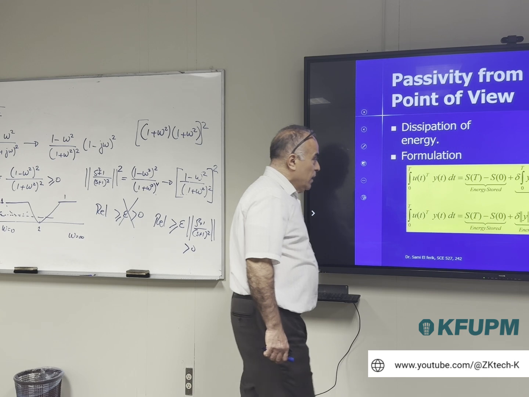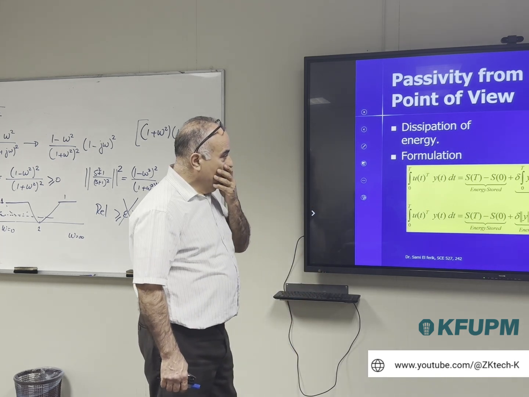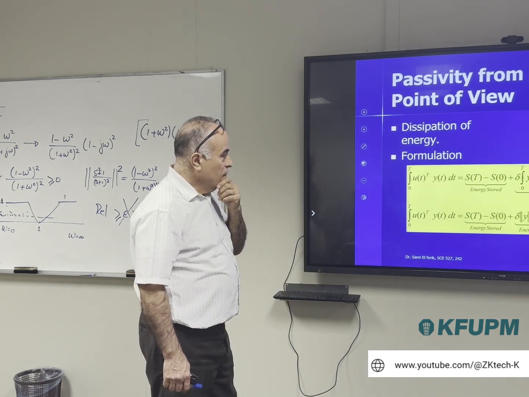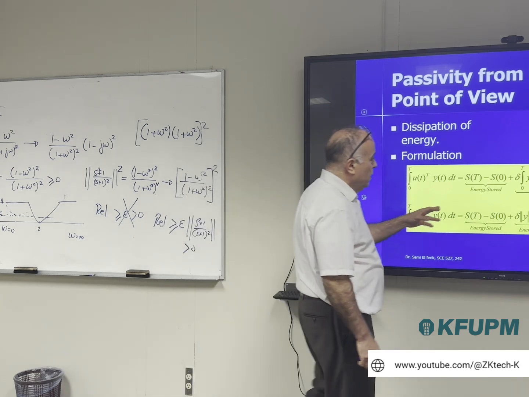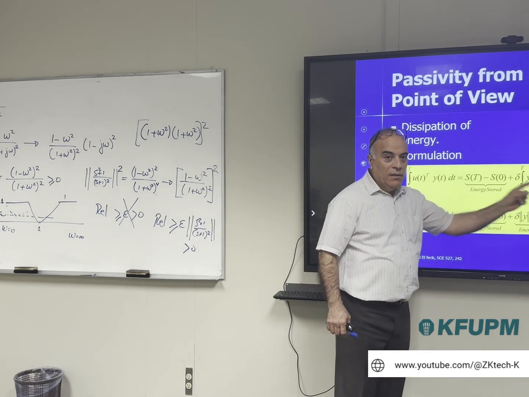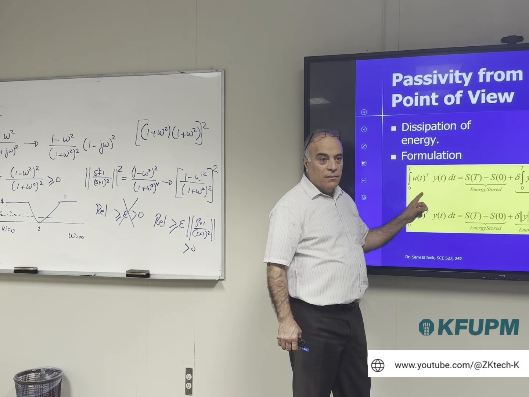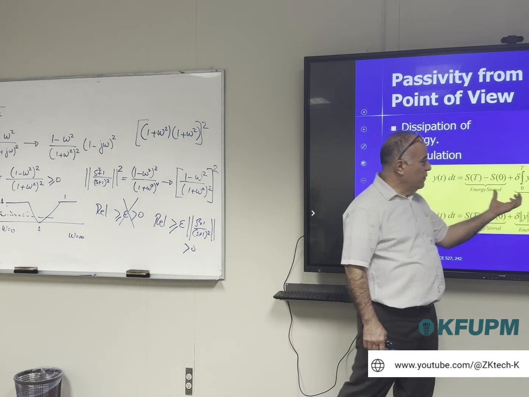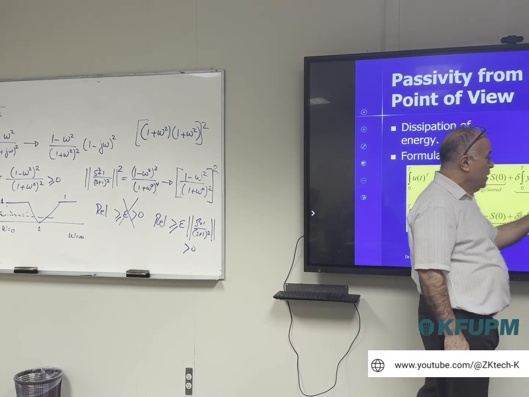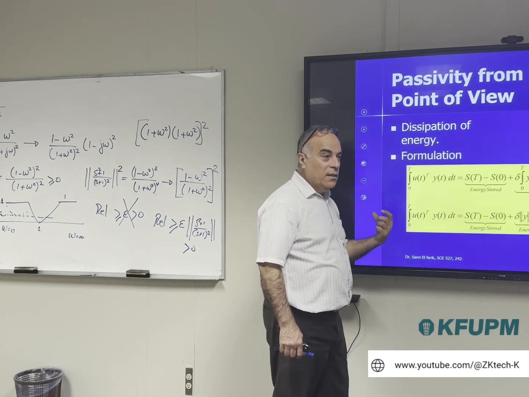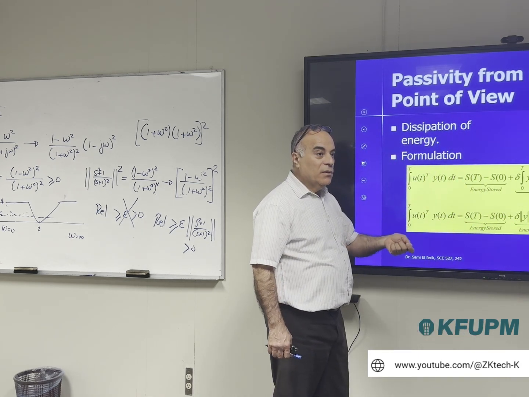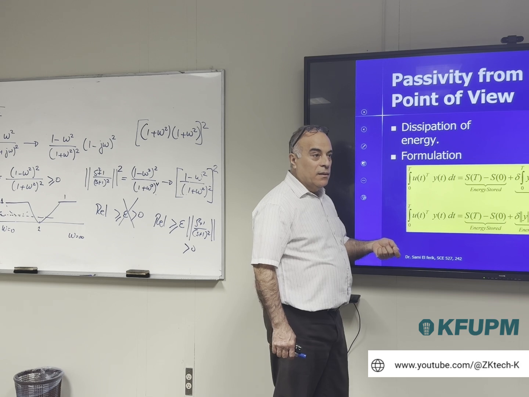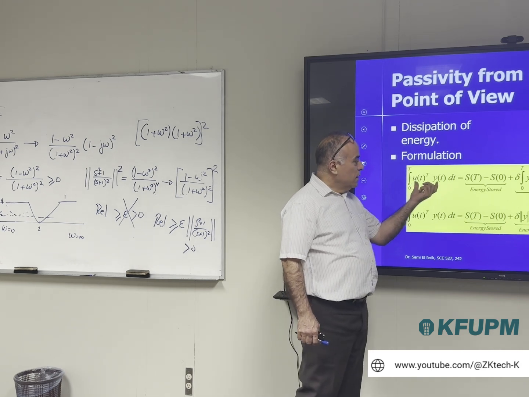So basically, if there is any energy coming inside the system, either stored or dissipated, it's coming from the input. Okay? So if this term is positive, this term is positive, this term is positive, then there is nothing created inside the system that is contributing to the energy that I'm supplying, and therefore the system is passive.